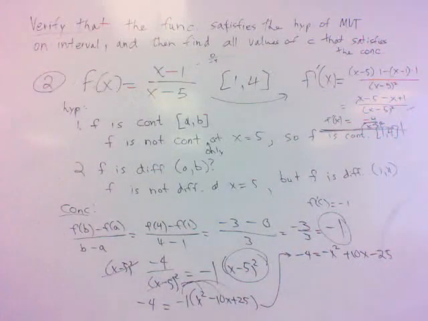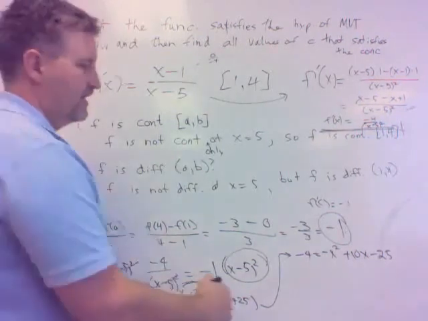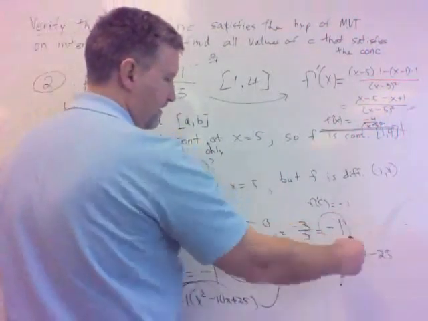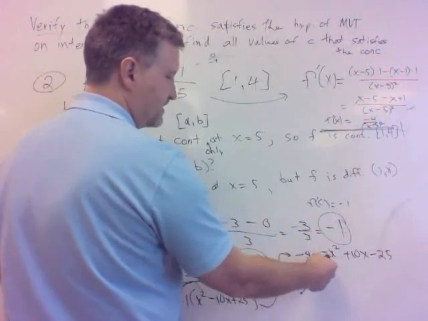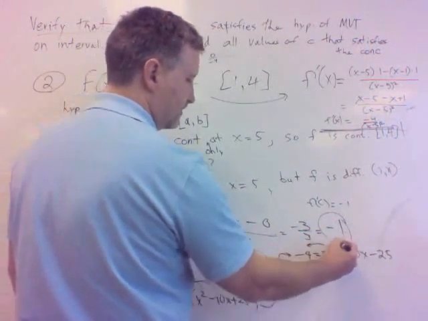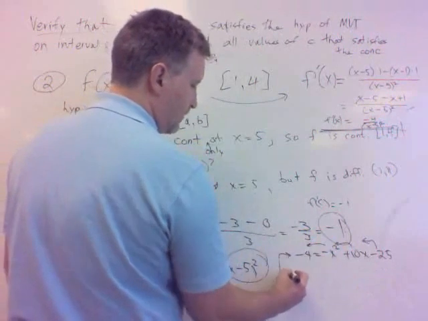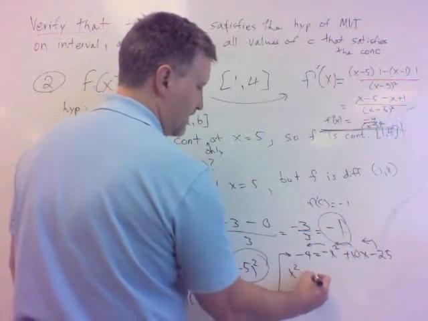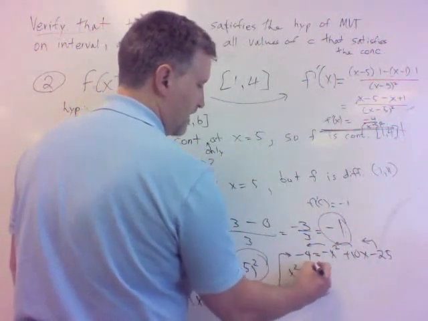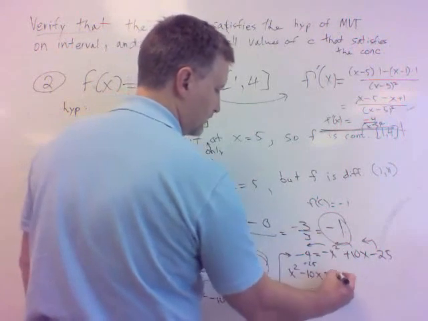Well, that's just a nice little quadratic, isn't it? Make one side 0. Now, it might be easier to pull that over there, push that one over there, but with the minus x squared, I suggest we put these over here. So I'm going to add x squared, subtract 10x, and then add 25, so that would be plus 21.